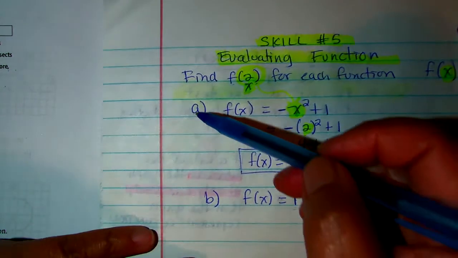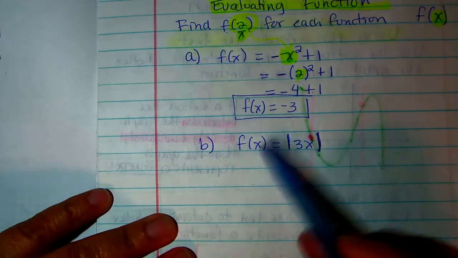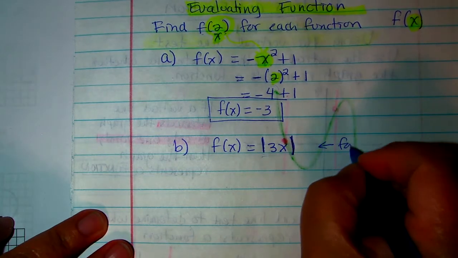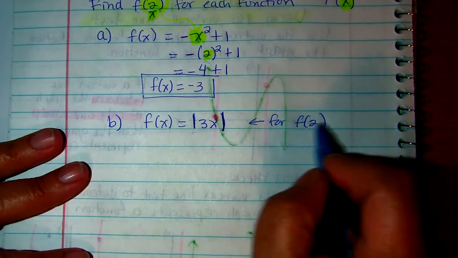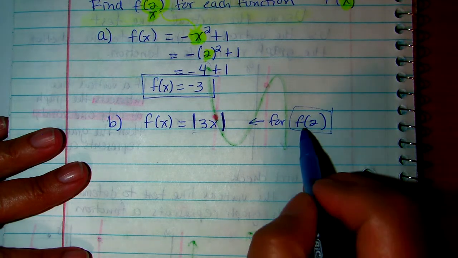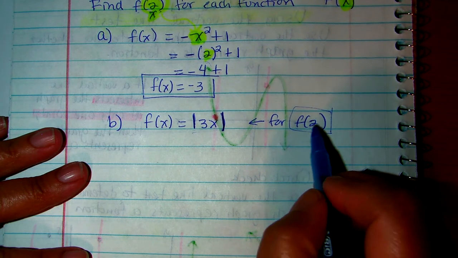We're going to find it for A, B, and C, but right now I'm just writing B. So same thing for f of 2. When you see this, they're asking you to find the value of the function when the x is a 2.